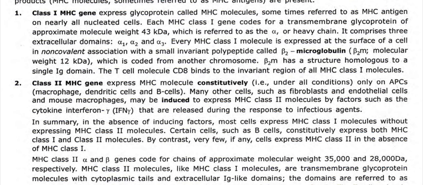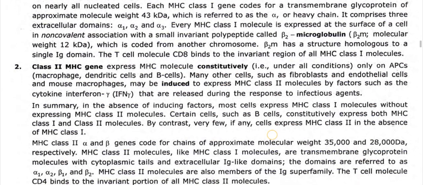Class 1 MHC gene expresses a glycoprotein called MHC molecule, sometimes referred to as MHC antigen, on nearly all nucleated cells. Each MHC class 1 gene codes for a transmembrane glycoprotein of approximate molecular weight 43 kilodalton, which is referred to as the alpha or heavy chain. It comprises three extracellular domains, alpha 1, alpha 2, and alpha 3.